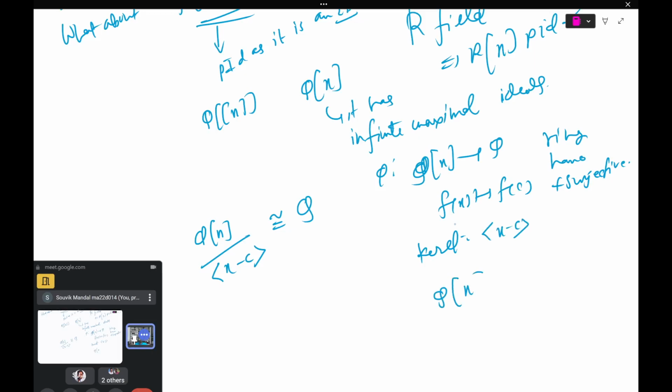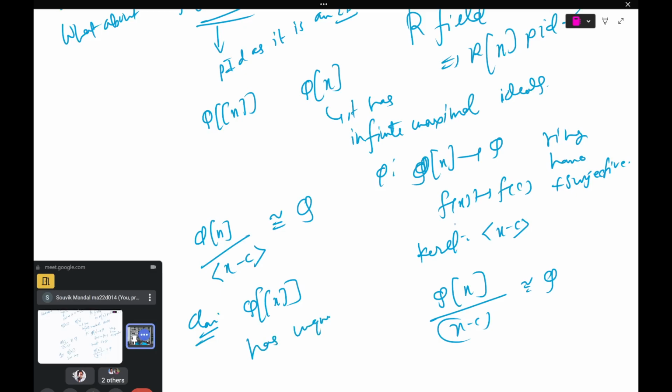So by the first isomorphism theorem, Q[x] modulo (x minus c) is isomorphic to Q. That's why Q[x] has infinitely many maximal ideals. But the claim is that Q[[x]] has a unique maximal ideal.